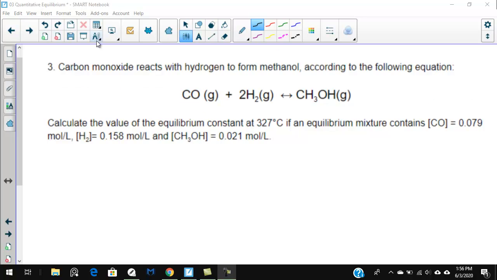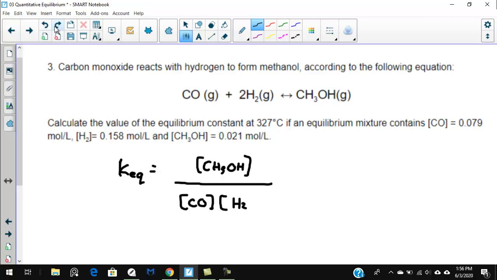Okay, and so the answer for this final one looks like this. We would write out the Keq, which would be equal to the concentration of methanol over the concentrations of CO and H2 squared. So again, remember to bring down this coefficient. Put the 2 there. This has a coefficient of 1 and another coefficient of 1.